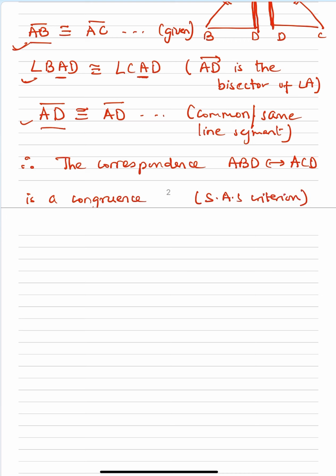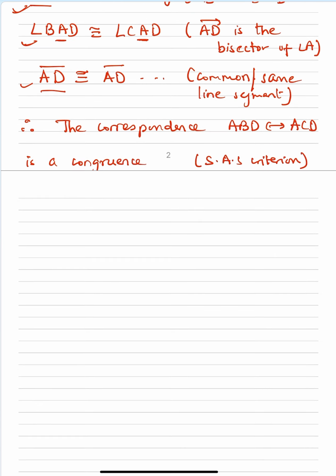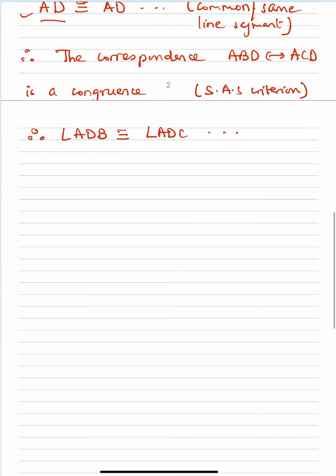Now we can say that ADB is congruent to ADC also. As we are proving this correspondence, I can write therefore angle ADB is congruent to angle ADC, and let me give the reason, because of the correspondence.